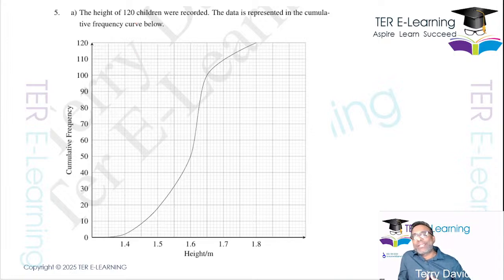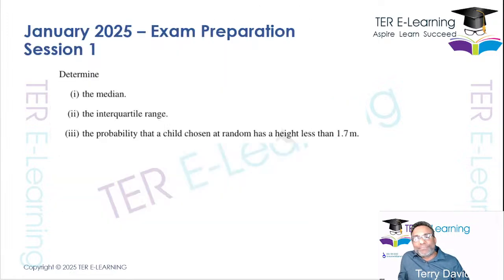It shows the heights of 120 children were recorded, and the data is represented on the cumulative frequency curve below. Let's see what they're asking here. We want to determine the median.